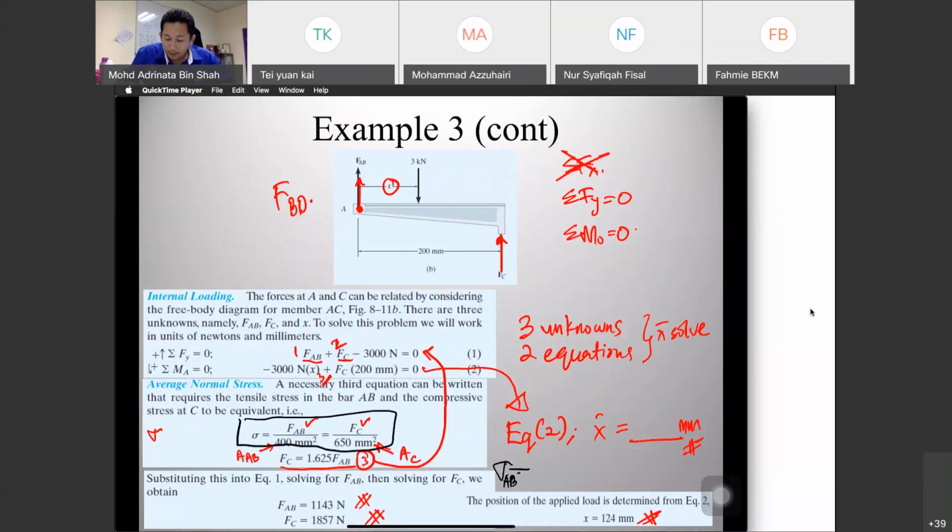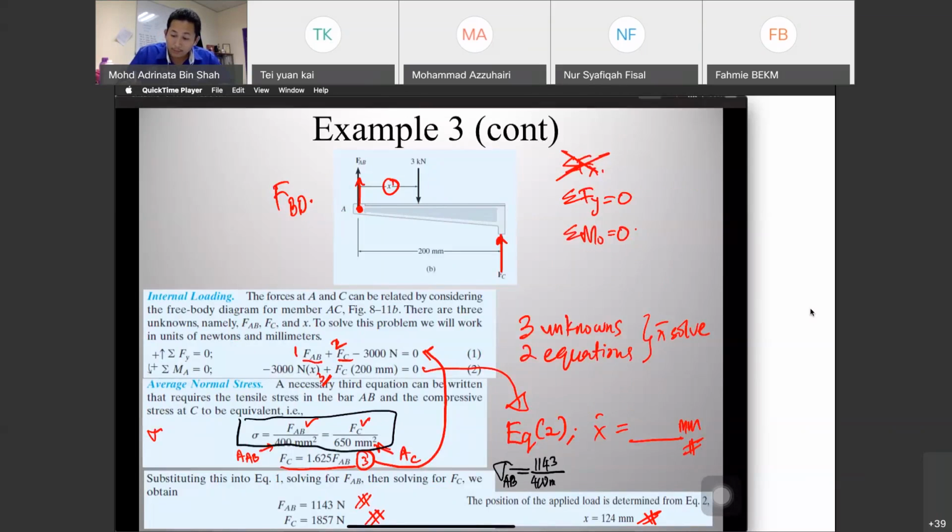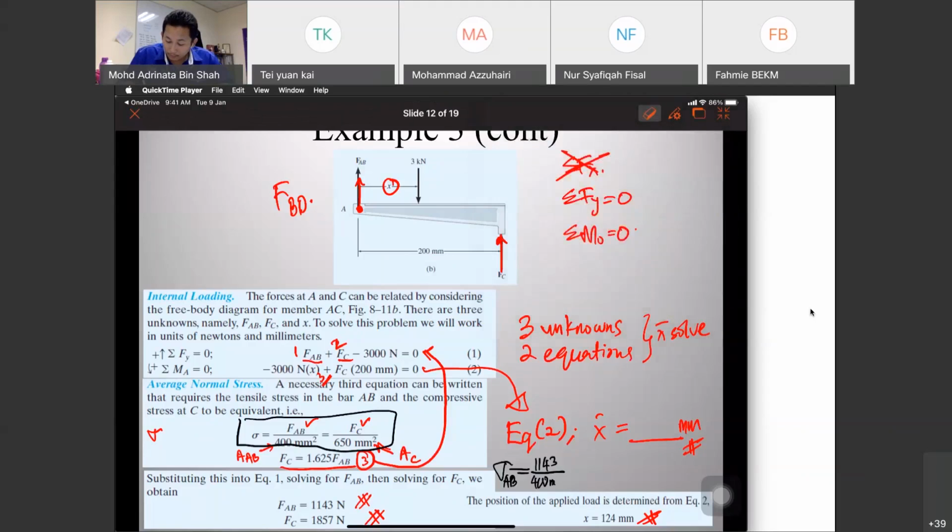Let's calculate. Sigma AB is equal to 1143 Newton divided by 400 times 10 to the power of negative 6.